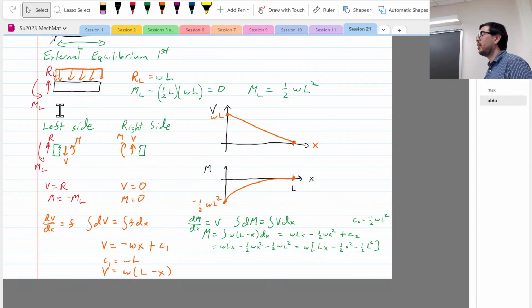I don't know if I should say anything, but Session 10 also emphasized indeterminacy and angle of twist.